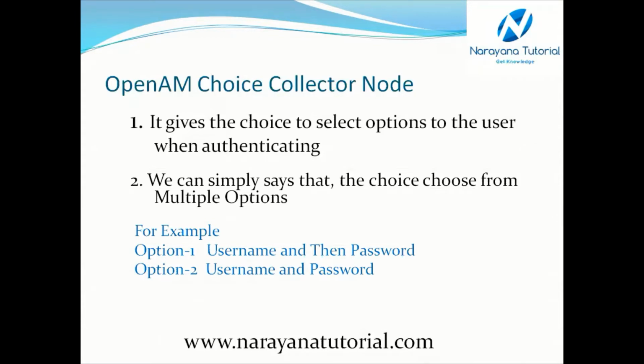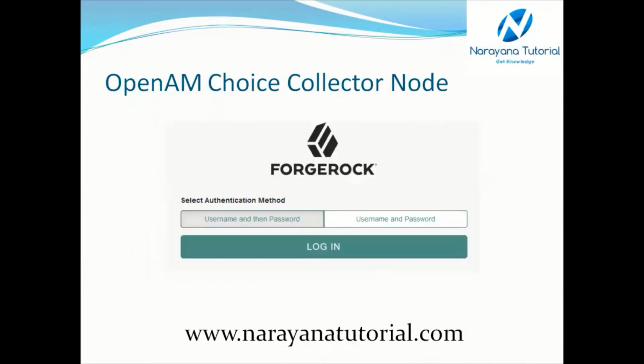Okay, I will show you how to configure the OpenAM choice collector. We have given a screenshot here of username and then password. This is what we are going to implement at the application level.